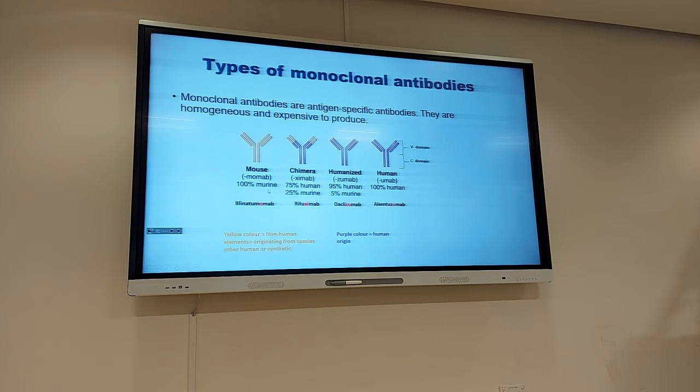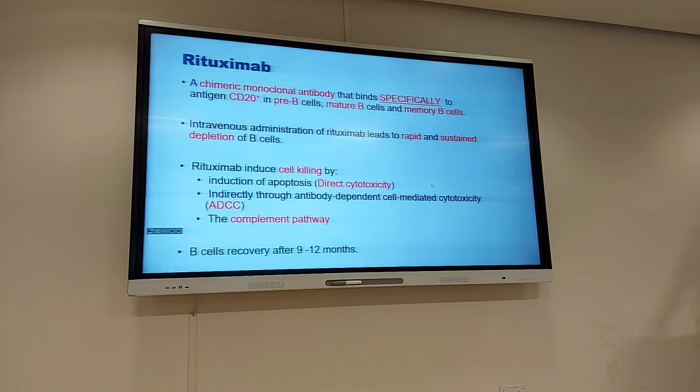There could be a mouse one, where the suffix is usually OMAB, or chimeric, which is XIMAB, like rituximab. We also have the humanized one, which is ZUMAB, and the human, which is UMAB. So these are the different types that are actually used in the market, and as I said, they are more expensive to use.